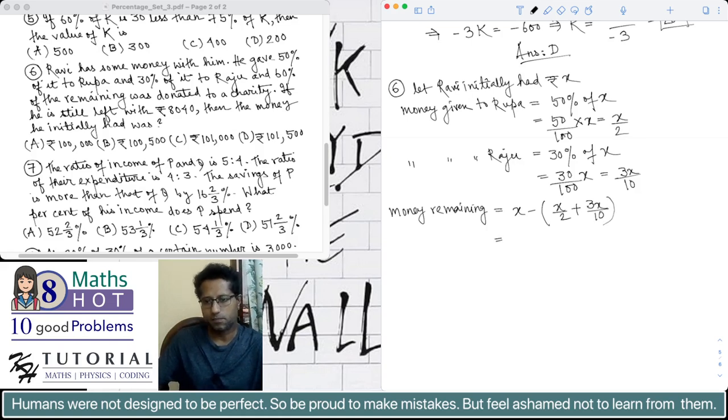You can first simplify X by 2 plus 3X by 10.